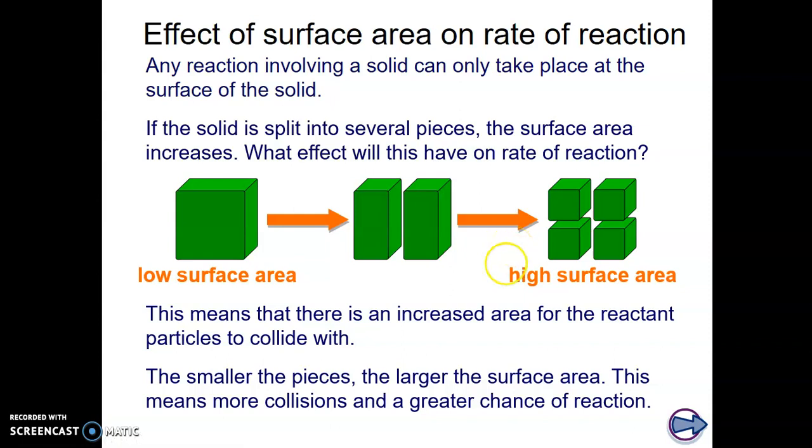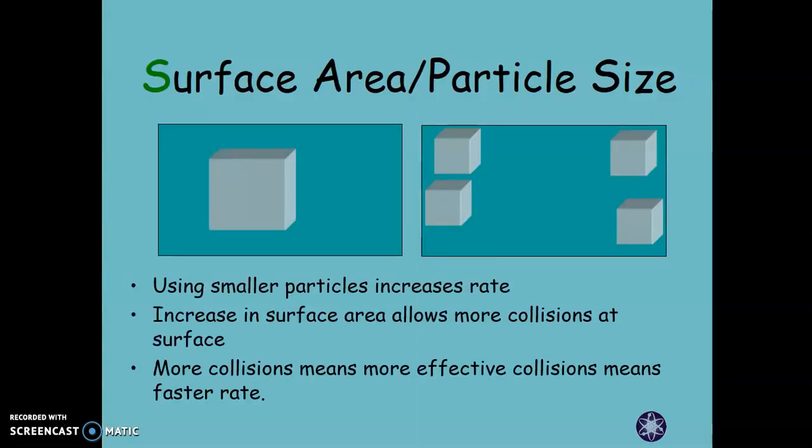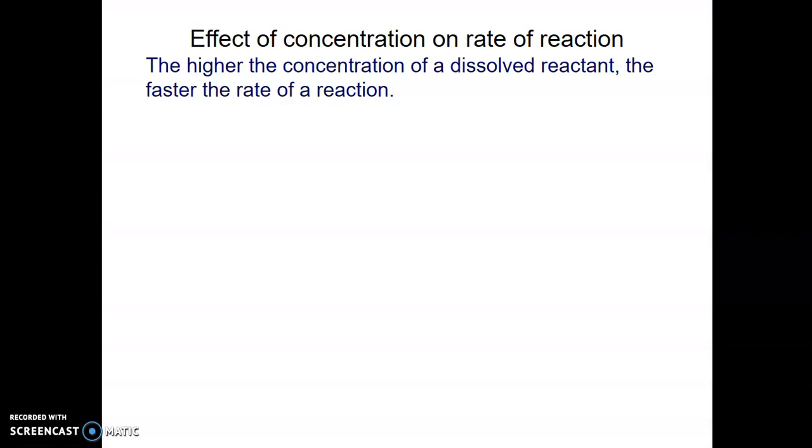That cooking is a reaction, and that's how surface area will speed it up. Okay, again, splitting it up into smaller pieces increases the rate of reaction because you're increasing the surface area. More surface area means more collisions, which means more effective collisions and a faster rate.